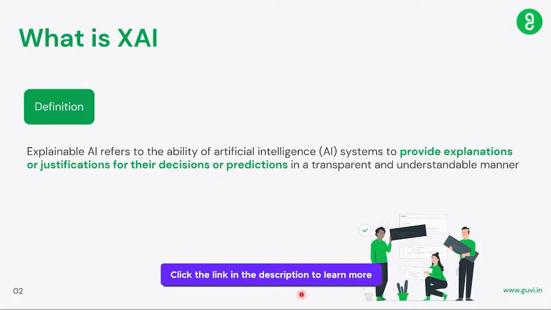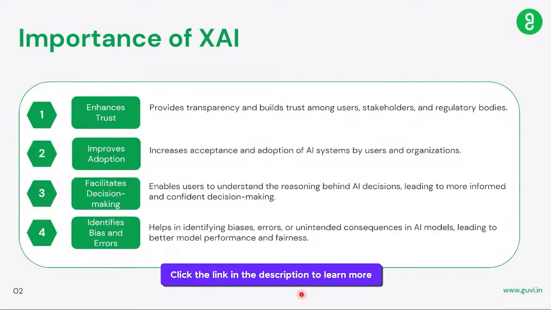Explainable AI provides the transparency needed to build trust and ensure passenger safety. So explainable AI, or XAI, plays a vital role in fostering transparency and trust in AI systems across various domains, from healthcare to finance to transportation. By providing understandable explanations for AI decisions and predictions, XAI empowers users to trust, verify, and ultimately benefit from the capabilities of AI in everyday lives.